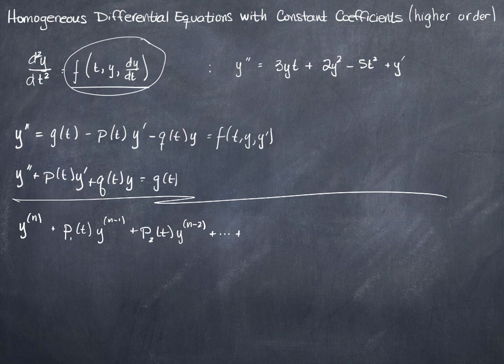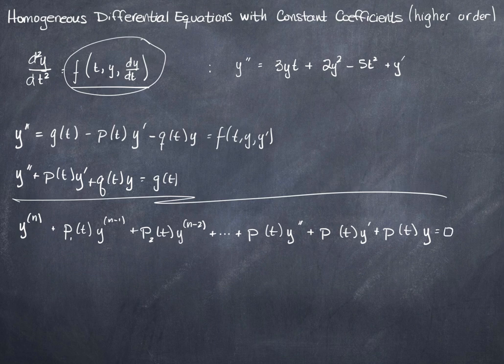All the way down to p sub something of t times maybe the second derivative of y plus p sub something else of t times the first derivative of y, plus the 0th derivative of y. And then because we're dealing with homogeneous equations, we'll just say that that's equal to 0.